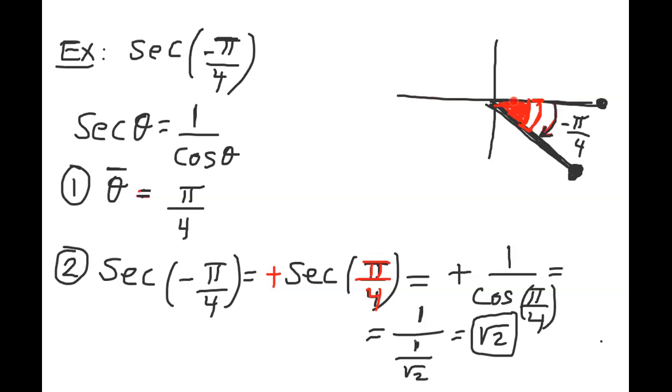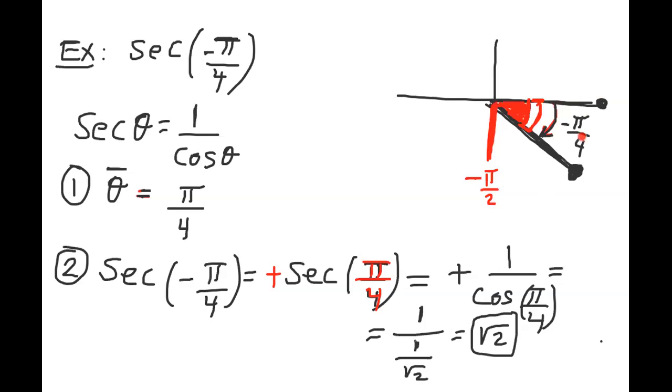I have to know my initial side is always the positive x-axis. So minus pi over 4 means clockwise, so I have to move clockwise. The value for this negative y-axis is minus pi over 2. So minus pi over 4 will be between this line and this line. This is the first thing.